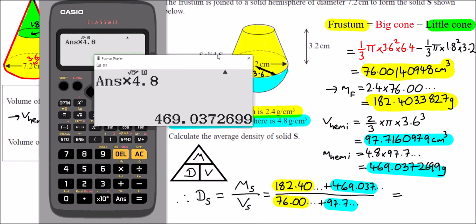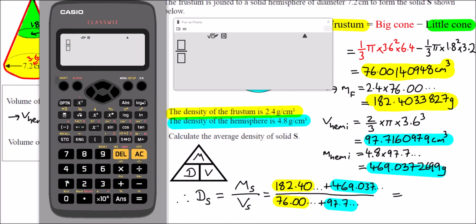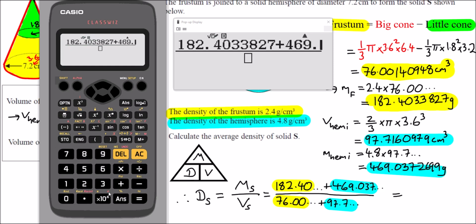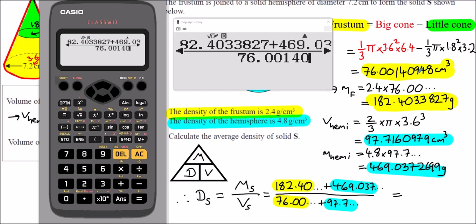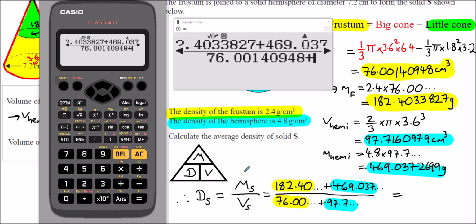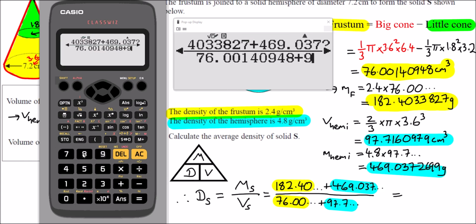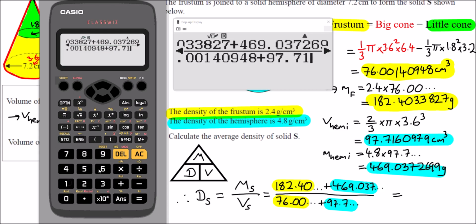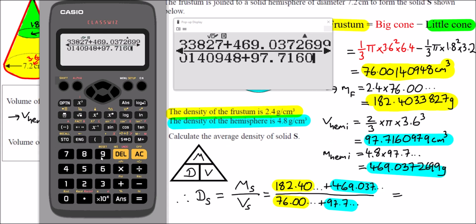So the first one, 182.4033.827 plus 469.037 2699, all divided by the total volume, which first of all is going to be 76.00, oops, too many zeros, 140948, plus the volume of the hemisphere, which is 97.7160979.